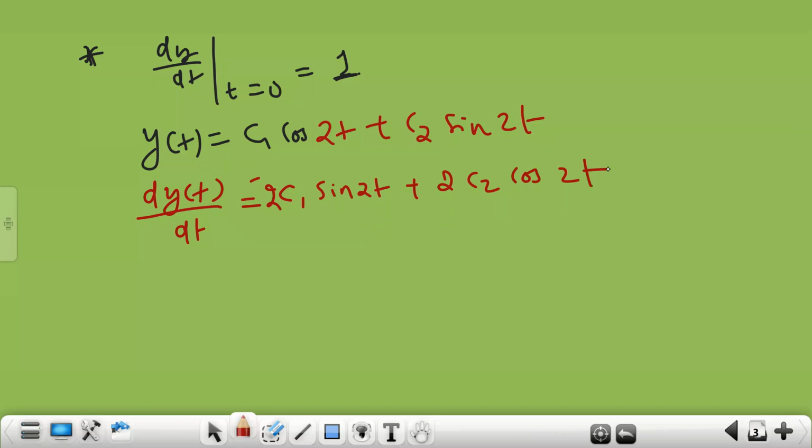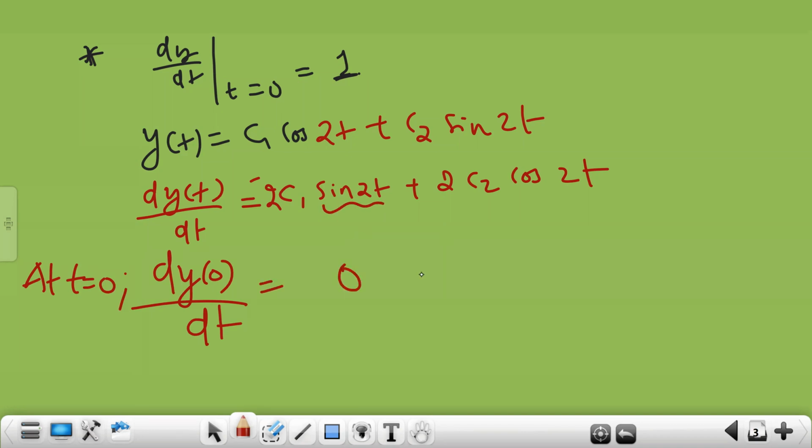Now you will put 0 again, because the initial condition is given for t is equal to 0. So you will put t as 0. So this will again become 0, sin 0 is 0, right? Sin 0 is 0 plus 2C2 cos 0, which is 1. What is the value given for dy of t by dt? The second initial condition is 1, correct?